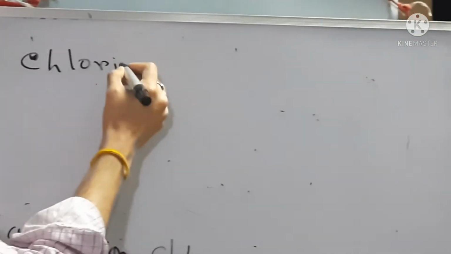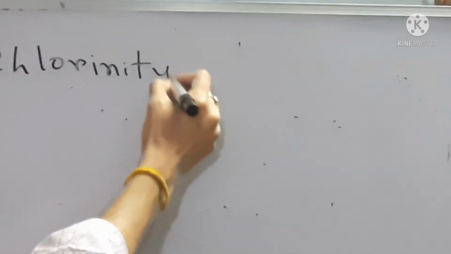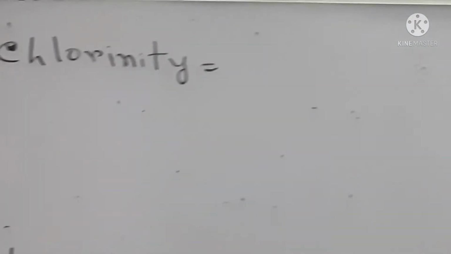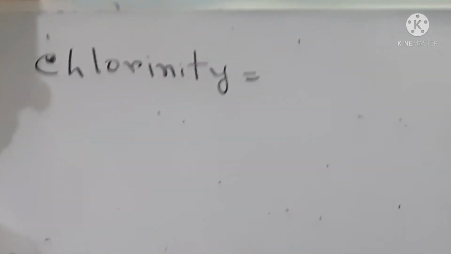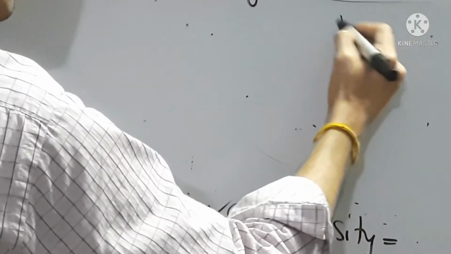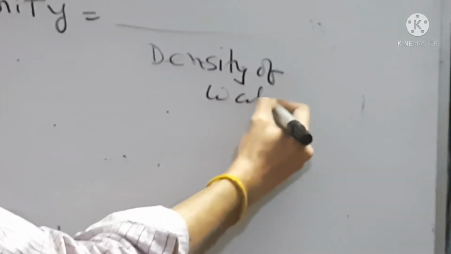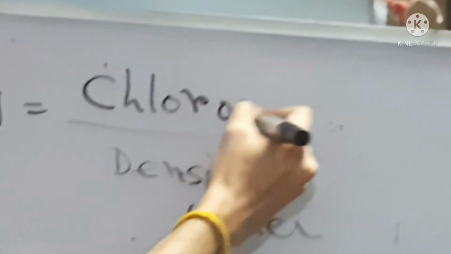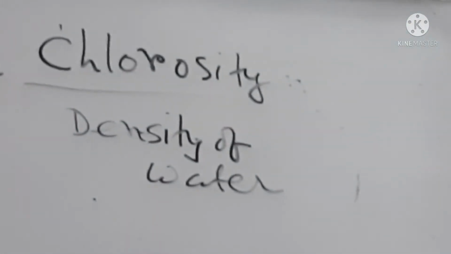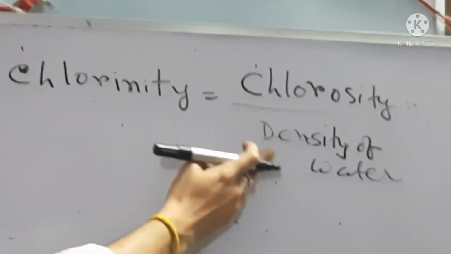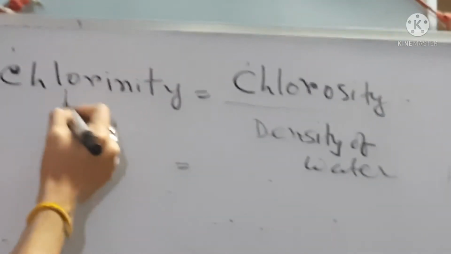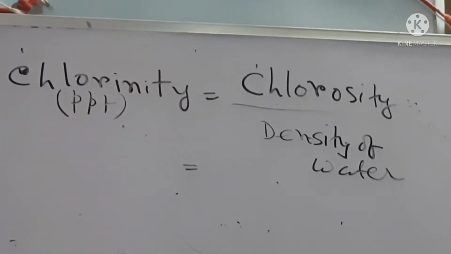Now next we have to do chlorinity. Chlorinity can easily be calculated from this chlorosity. The formula for estimating chlorinity is chlorosity divided by density of water, and the unit of chlorinity is also ppt.